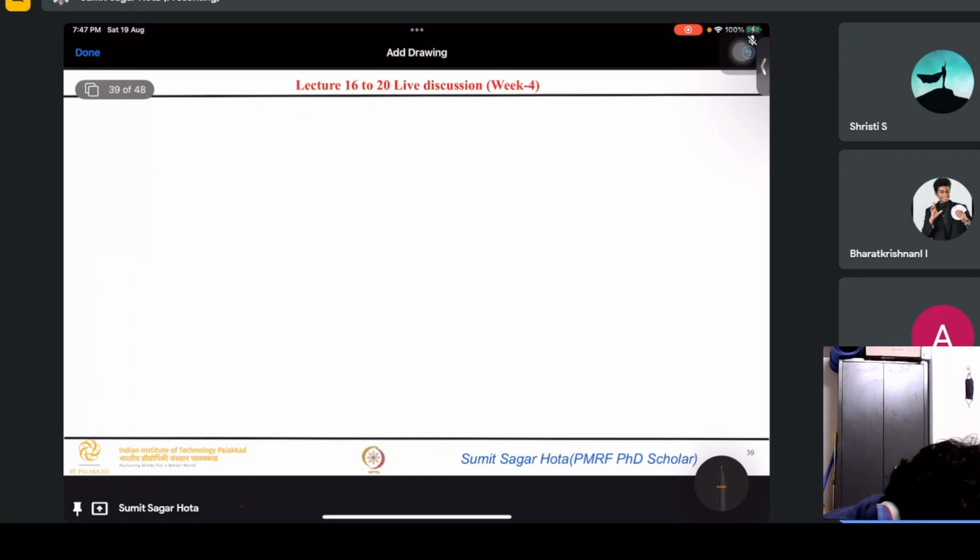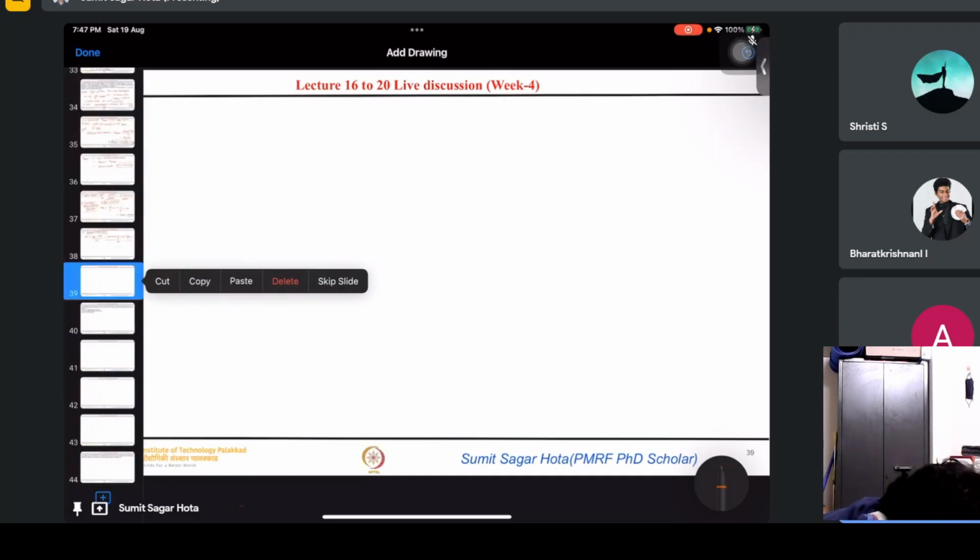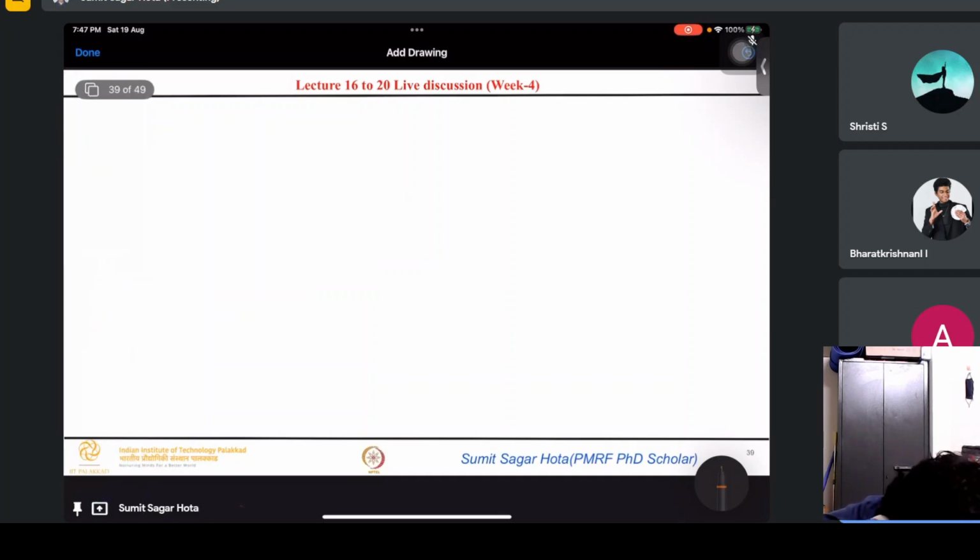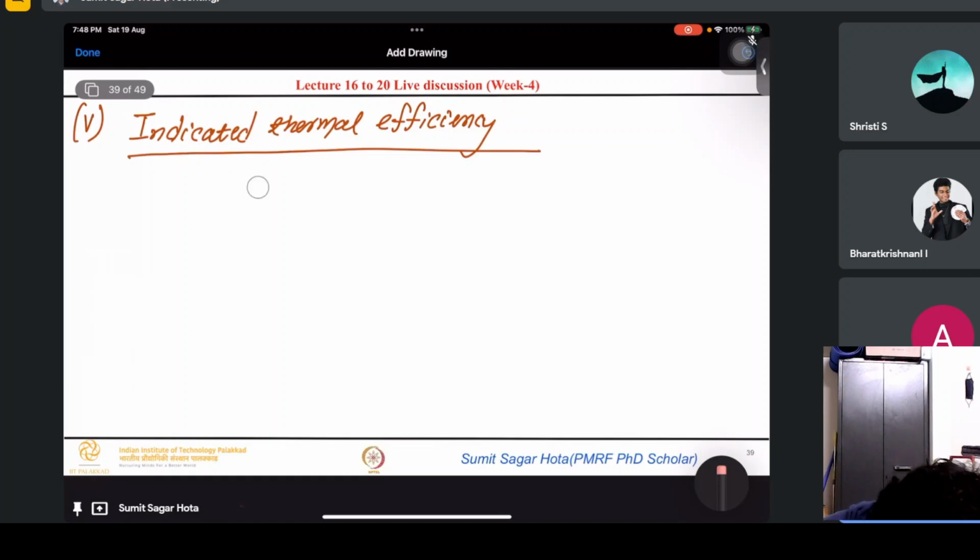next bit, indicated thermal efficiency. Okay, first, what is brake specific fuel consumption?